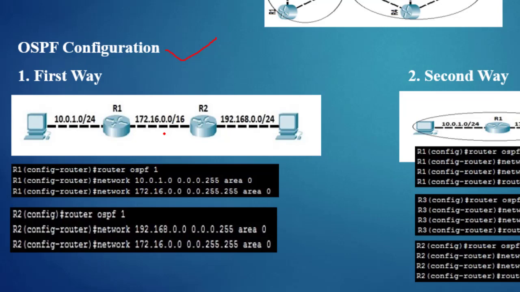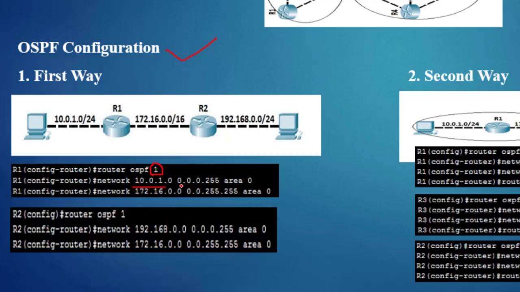So when you go to the command line interface for configuration, the first command will be router ospf, then the autonomous system number, just like in the case of EIGRP. And then which networks? This one and this one.